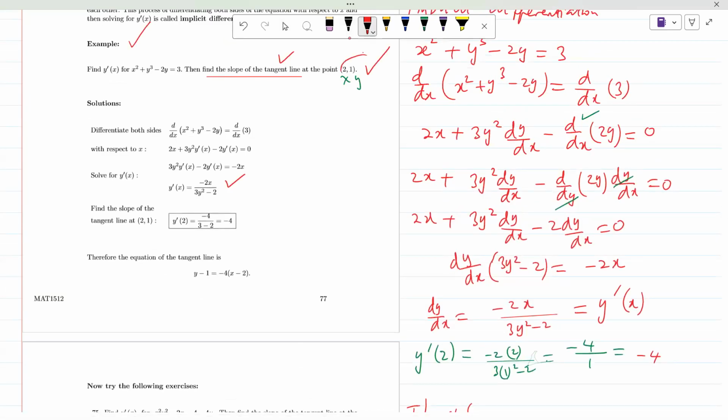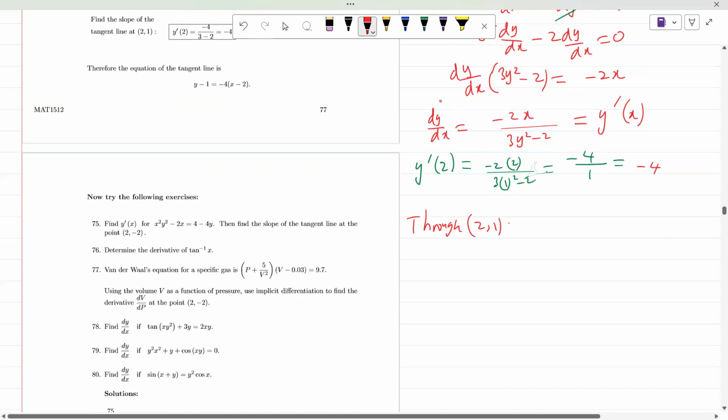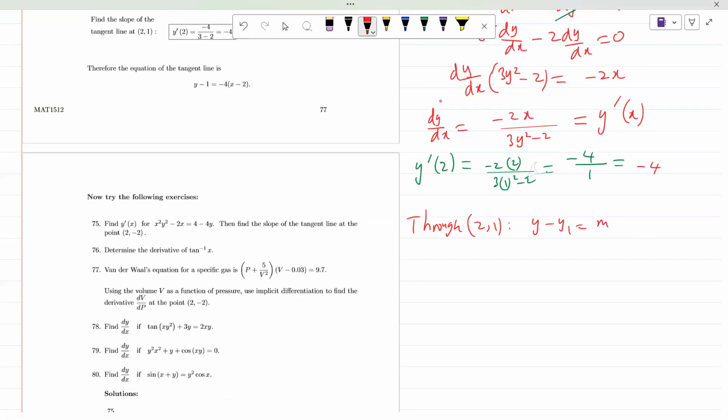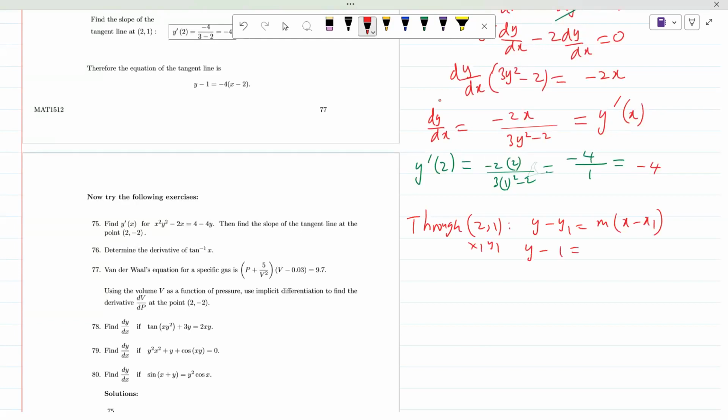So the point is 2, 1, and the formula is y minus y1 equals the slope times x minus x1. Here y1 is 1, the slope is minus 4, and x1 is 2, which means y equals minus 4x plus 8 plus 1, which means y is minus 4x plus 9.